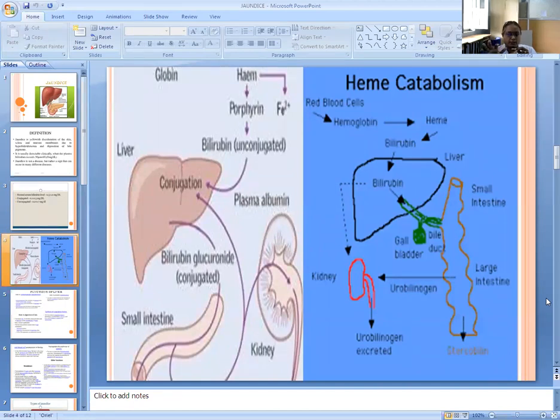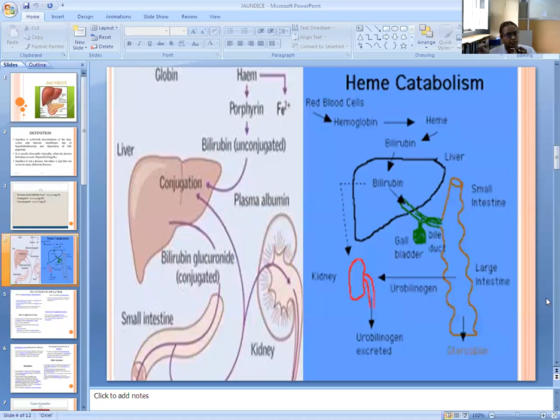When your RBC ruptures after completion of its lifespan, hemoglobin is released from the RBC. This hemoglobin is degraded into heme and globin parts. Globin is reutilized by your body. Heme is again degraded into porphyrin and iron.